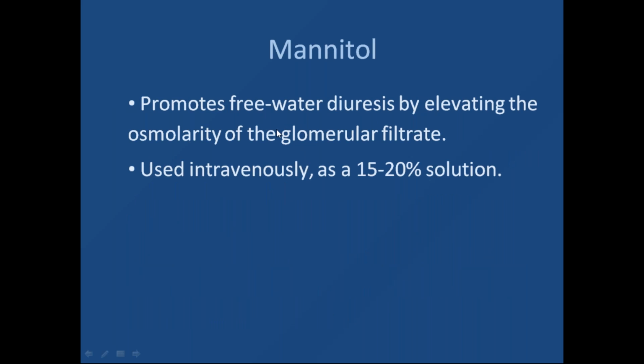Mannitol also is a diuretic, right? So it promotes free water diuresis. All the agents which can excrete the water without excreting the electrolytes can be used for SIADH, because only water is increased in the body, and that water should be excreted. So mannitol can be used.